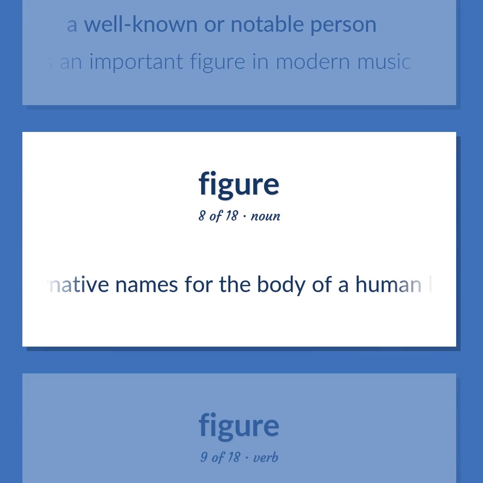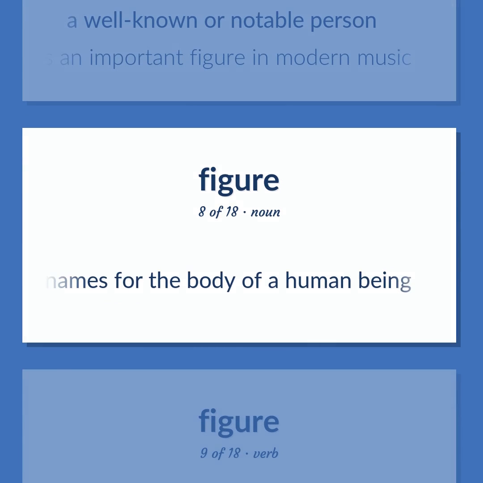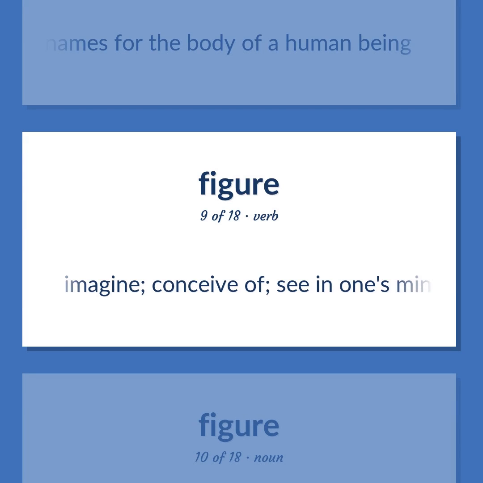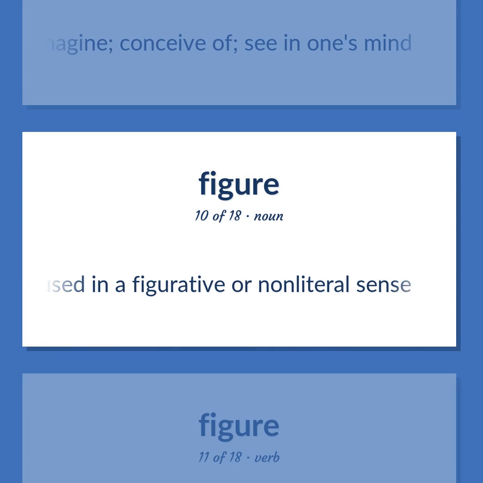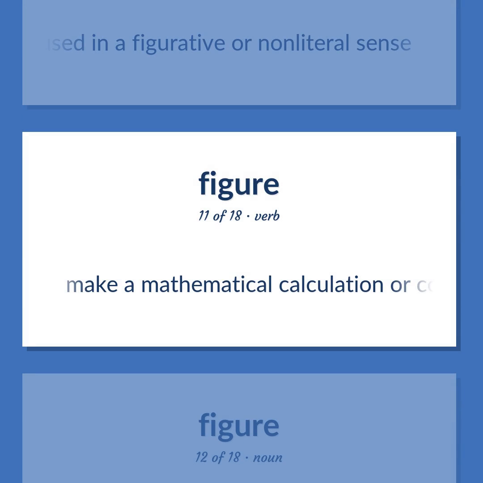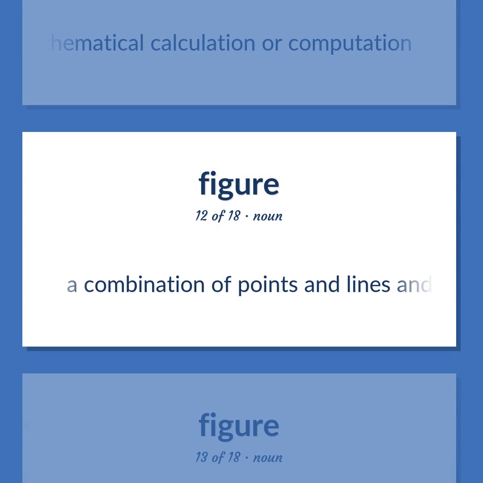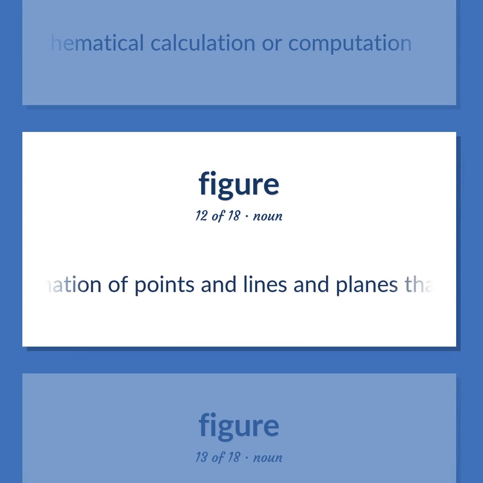Alternative names for the body of a human being. Imagine, conceive of, see in one's mind. Language used in a figurative or non-literal sense. Make a mathematical calculation or computation. A combination of points and lines and planes that form a visible palpable shape.